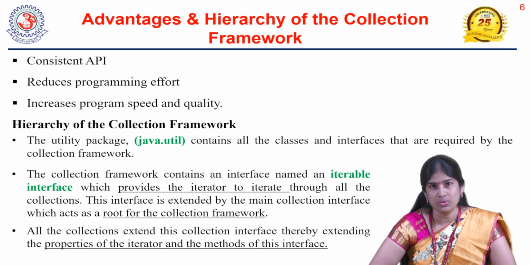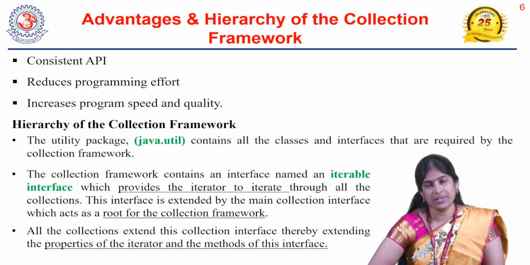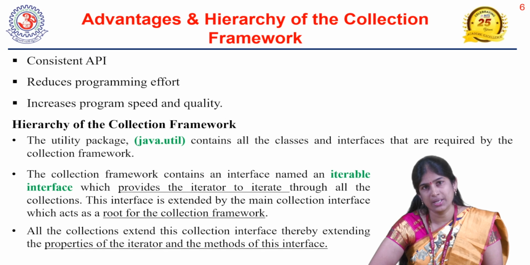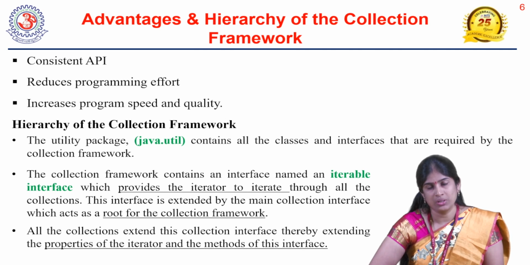The collection interface has many methods, which are all inherited by the interfaces or classes which use this collection. One more interface is there, the iterable interface. The iterable interface provides an iterator which helps us go through all the collections.